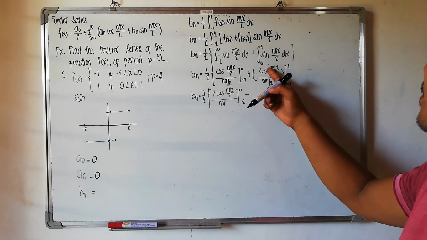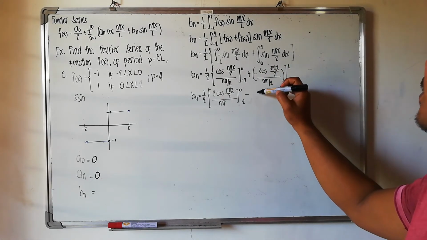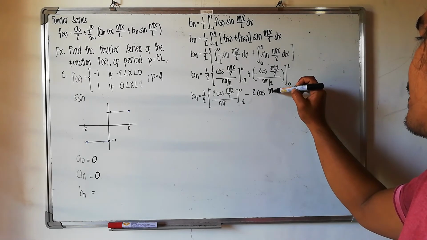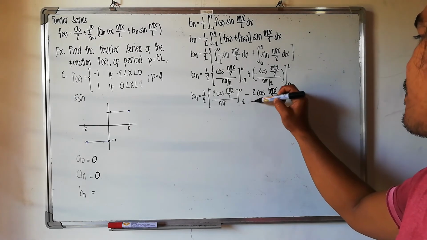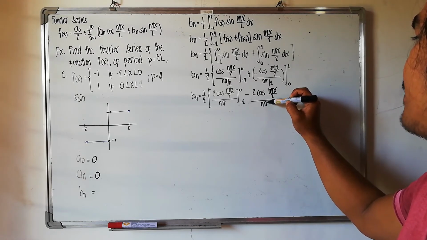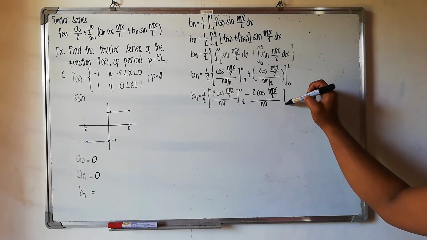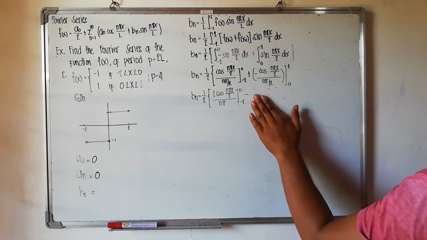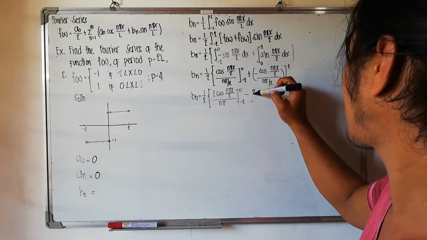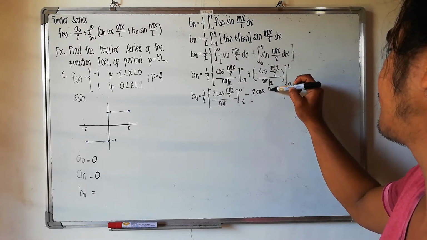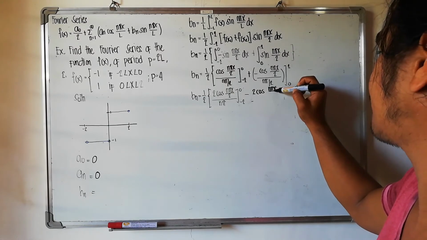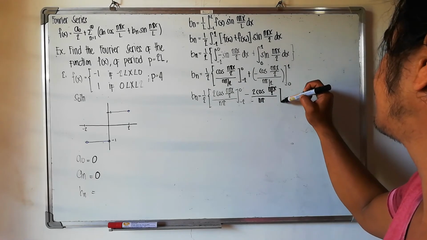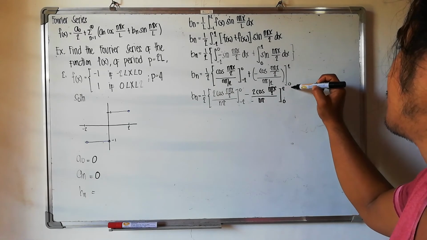So, cosine n pi x over 2 divided by n pi over 2, so this will be 2 cosine n pi x over 2 divided by n pi. Limits, just write that down. You have 2 cosine n pi x over 2 over n pi from 0 to 2.